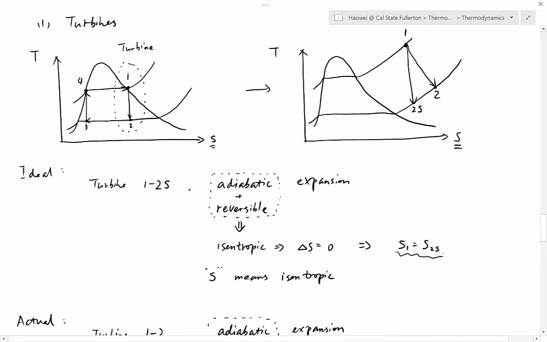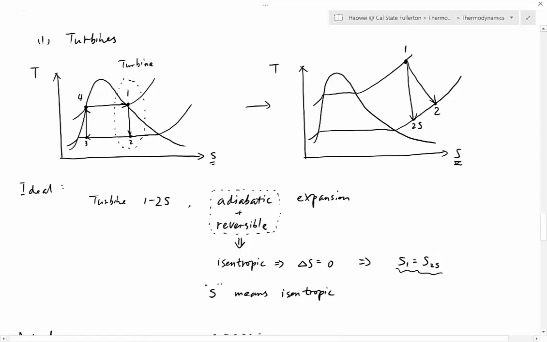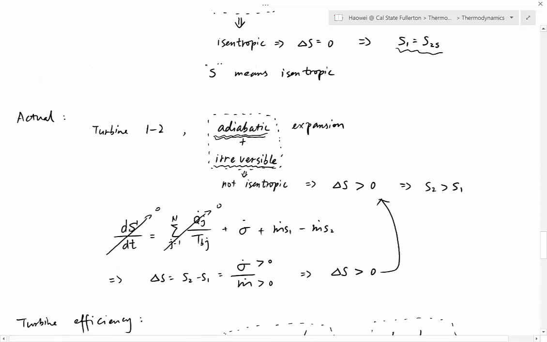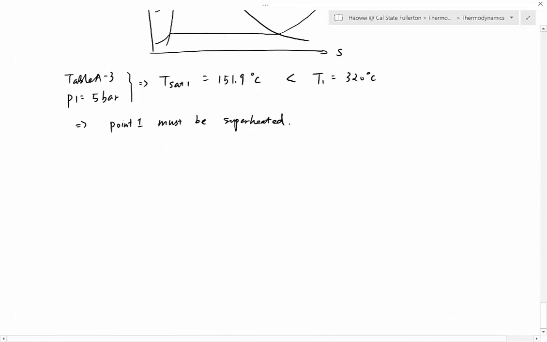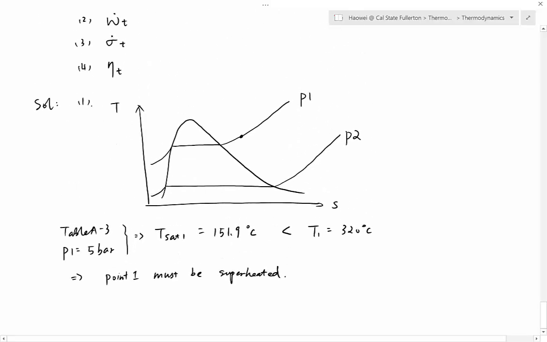So when you sketch this process, the x coordinate doesn't change. So 1 to 2s will be a vertical line on a T versus S diagram. So case number 1, 1 to 2s goes straight down. And 2s in this case will be a mixture because it is within the dome.